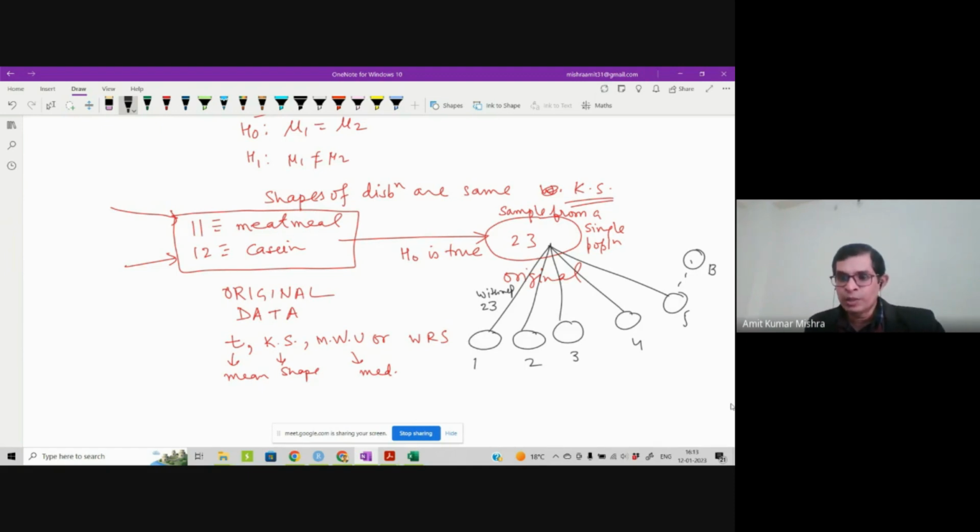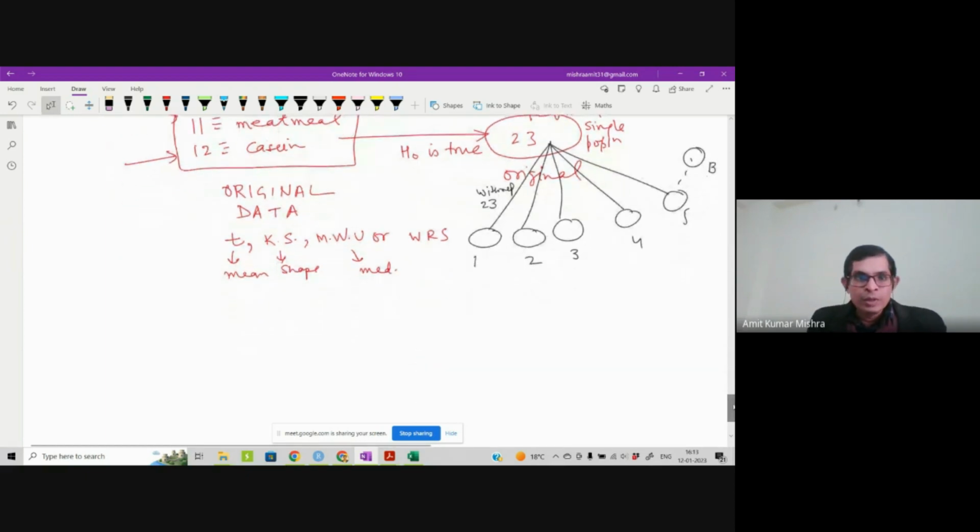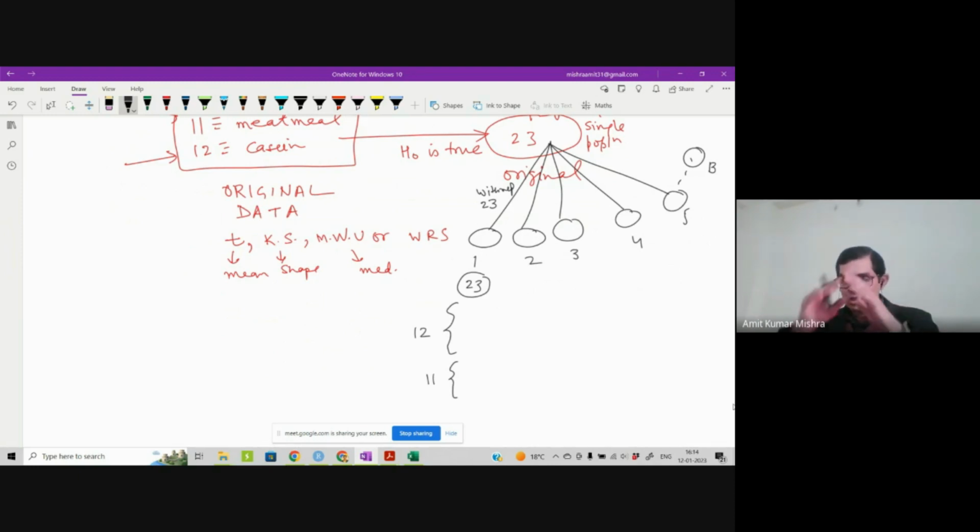Theoretically, from these 23 data points, I will select the first 12 and then the rest 11, because if they are coming from the same distribution, choosing first 12 or last 11 does not matter.